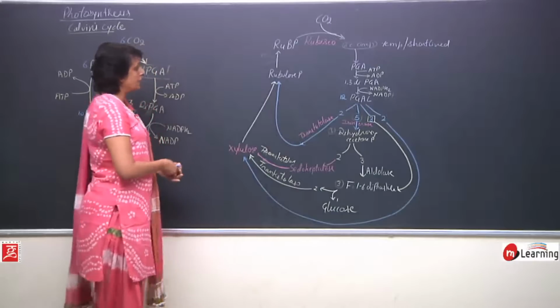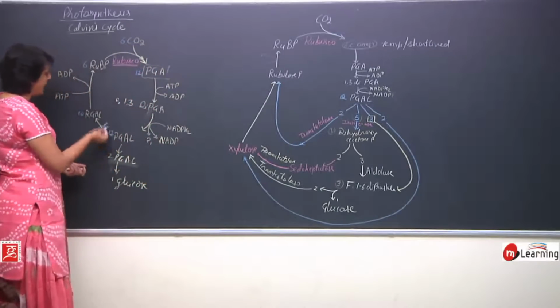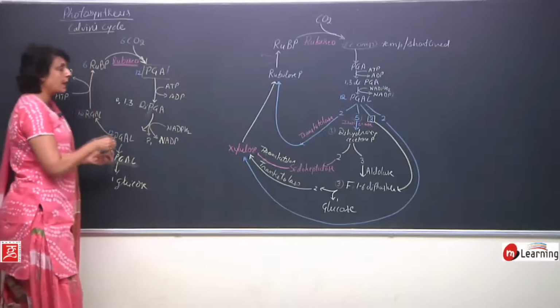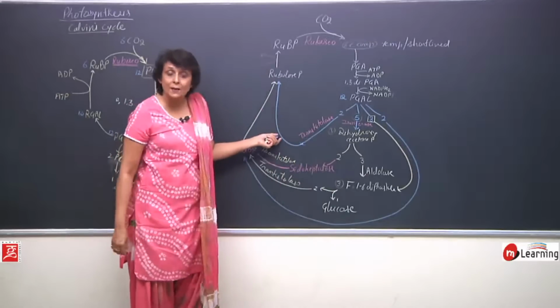So the difference is between the phosphoglyceraldehyde and the regeneration part. These are all the possible intermediate steps which actually take place.